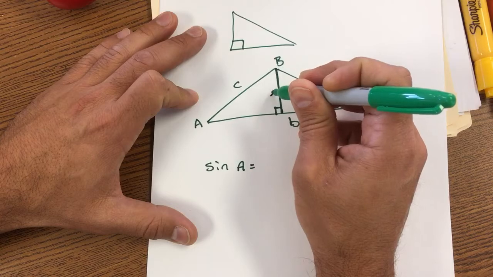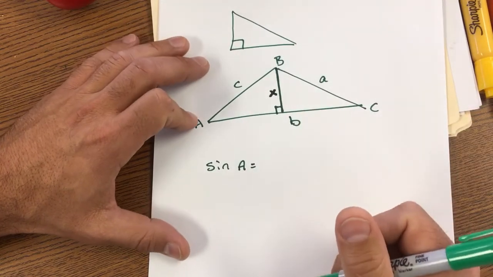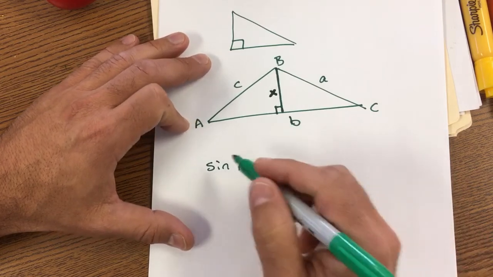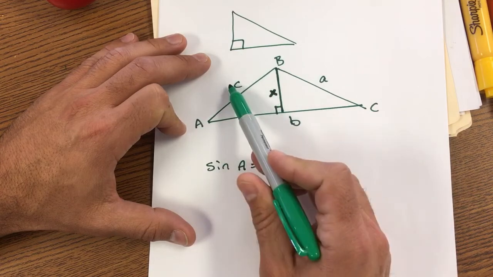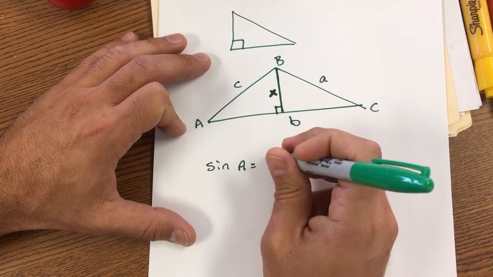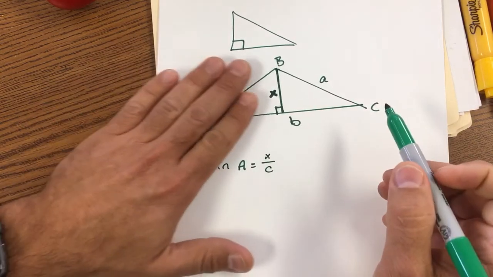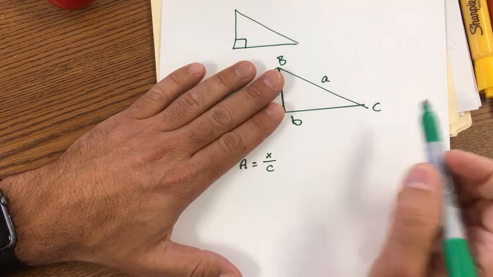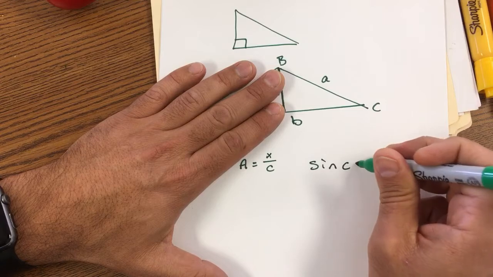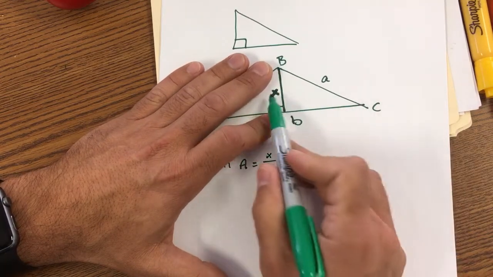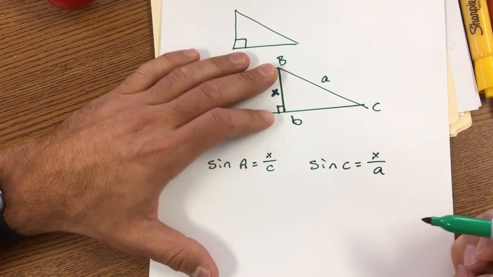I'm going to call it X. The online textbook uses H, but I'm going to use X. So the sine of A is the opposite side over the hypotenuse, so that's X over C. And if I do the same thing with this angle over here, the sine of C equals the opposite side, which is X, over its hypotenuse, which is A.